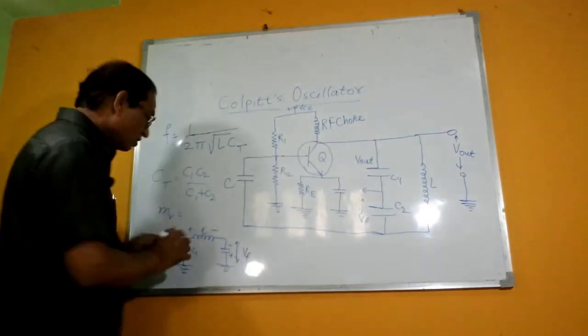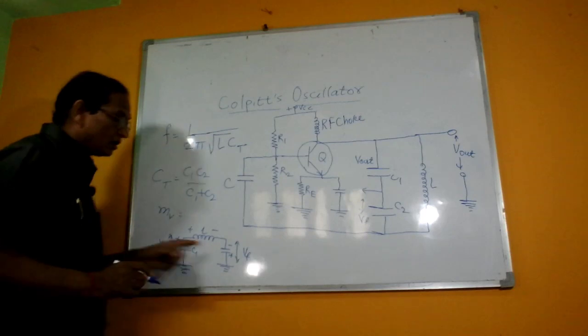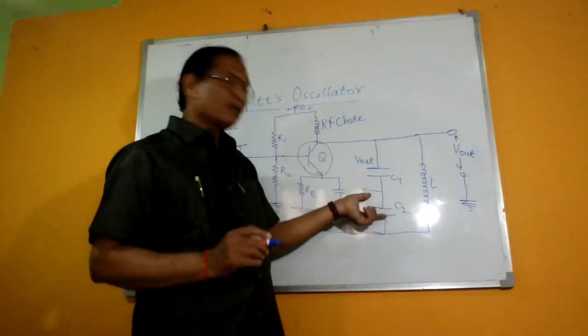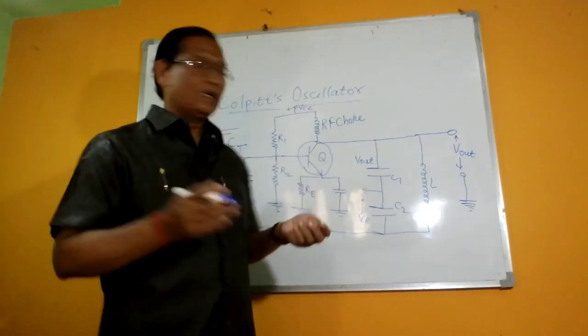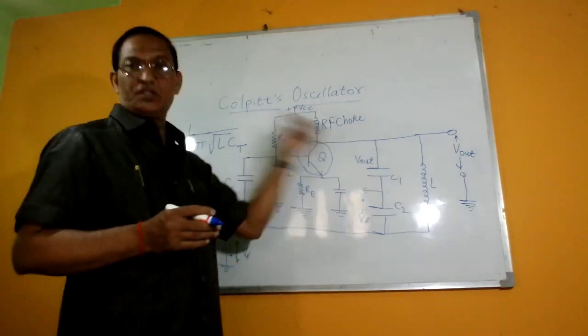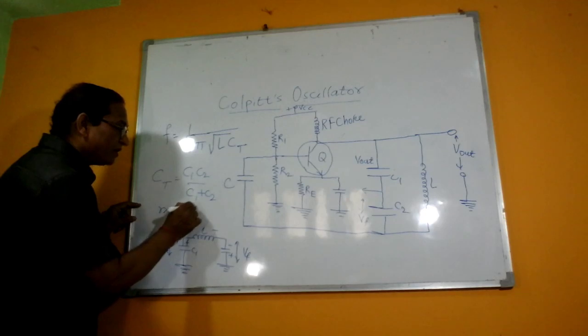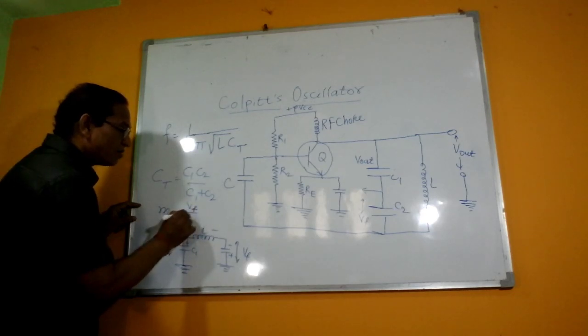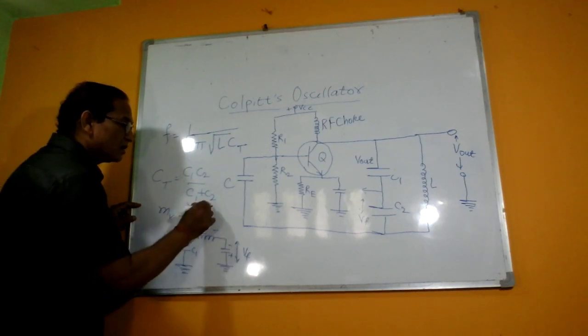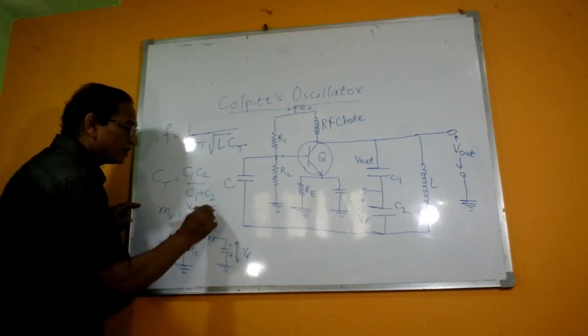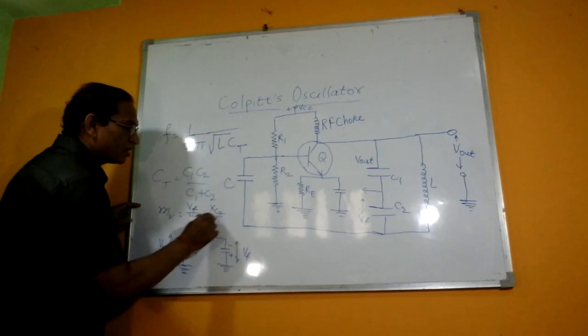Okay, so the voltage VF is 180 degrees out of phase with the voltage across C1. So this M, the feedback fraction, is given by VF divided by V out, and this is nothing but the reactance of capacitor C2 divided by the reactance of capacitor C1.